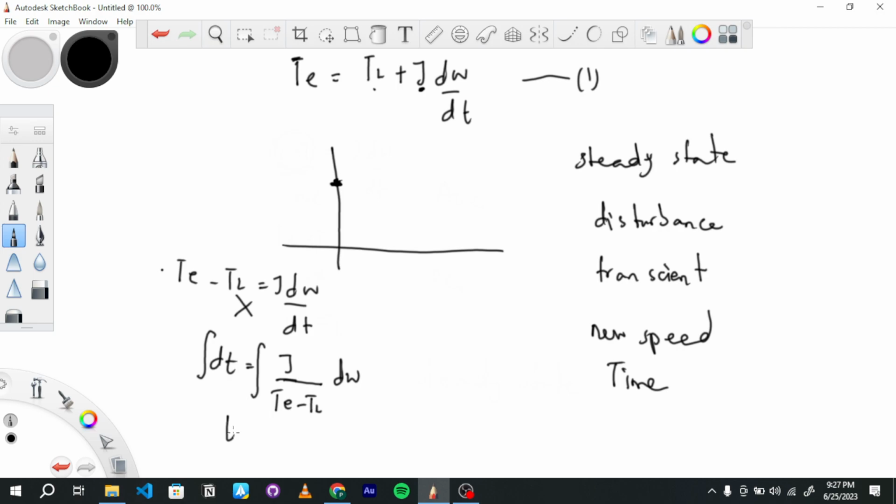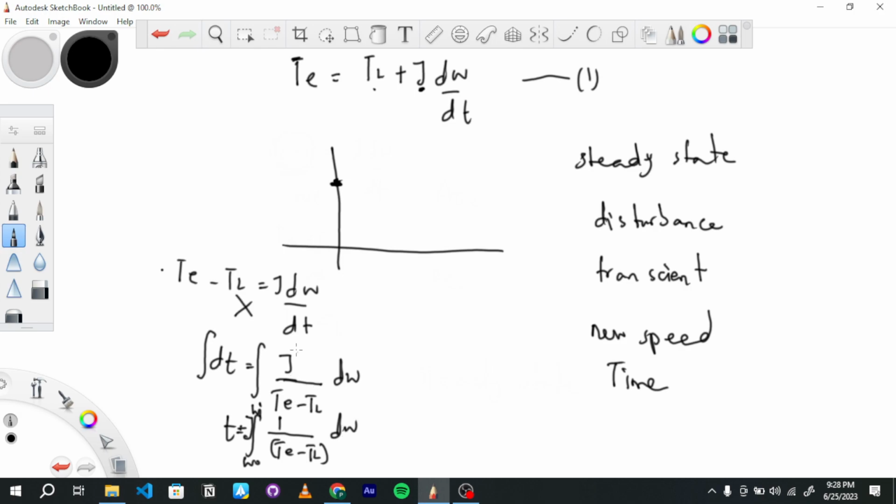So then I can say my t is equal to the integral from some initial speed to some final speed. J is a constant, so I can bring J out here, 1 over TE minus TL d omega.